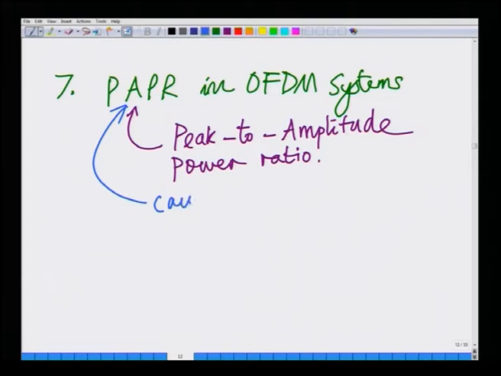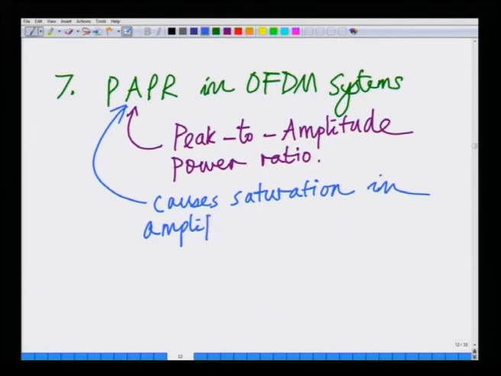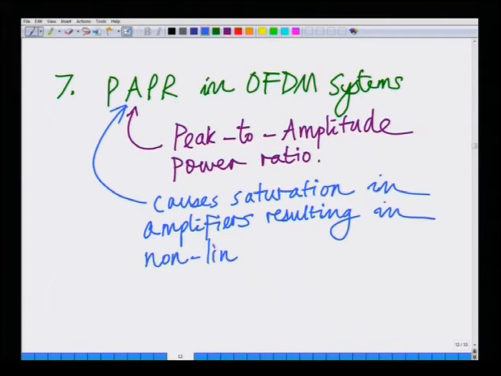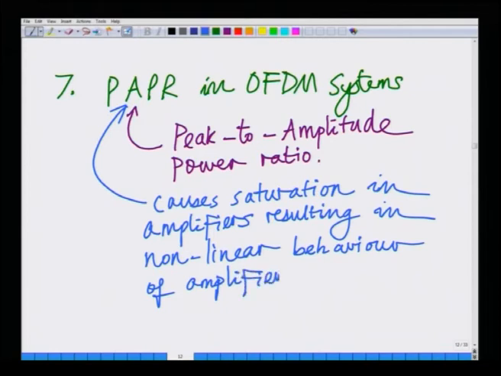resulting in nonlinear behavior of amplifiers in the OFDM system.